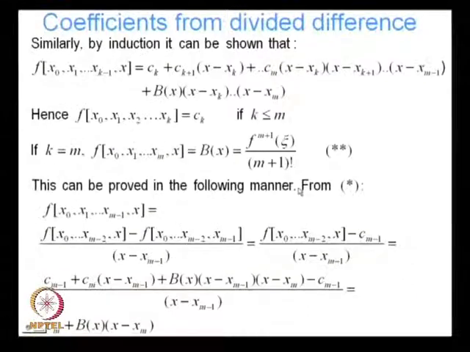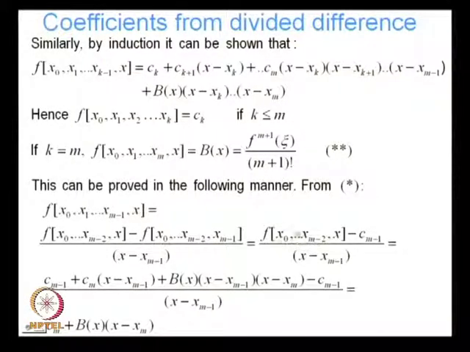So that is exactly what I have here, and this I know is equal to Cm minus 1, because f of x0 up to xm minus 2 xm minus 1 is equal to Cm minus 1, that is equal to f of x0 up to xm minus 2 x, and I am dividing by this.